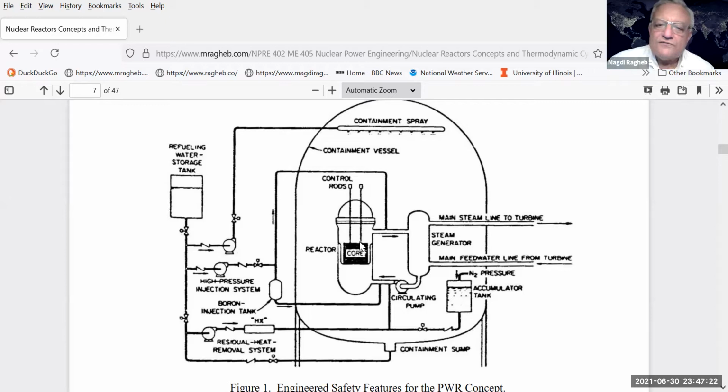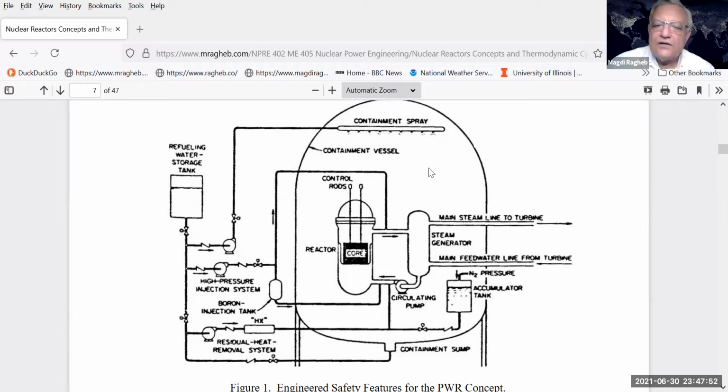If the control rods cannot be inserted because of some damage in the core, you use a safety feature of boric acid dissolved in water, stored in a tank. You inject it into the core, and the boron is a very strong absorber for neutrons, so it would replace your control rods. So a second engineered safety feature other than the control rods is the boron injection tank.